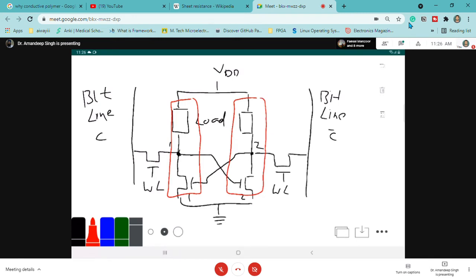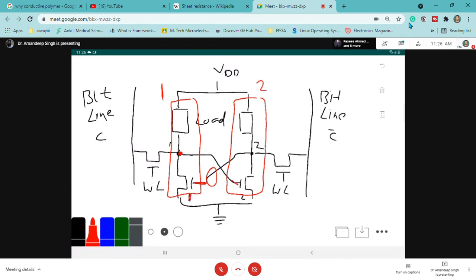Fine. And if you carefully look at this, this is basically the output of inverter 1. If I write inverter 1 and this is inverter 2. Okay. And what is the input to this inverter? Input is this. Whatever input is given to the gate of this transistor 1, and this is the output of the transistor.